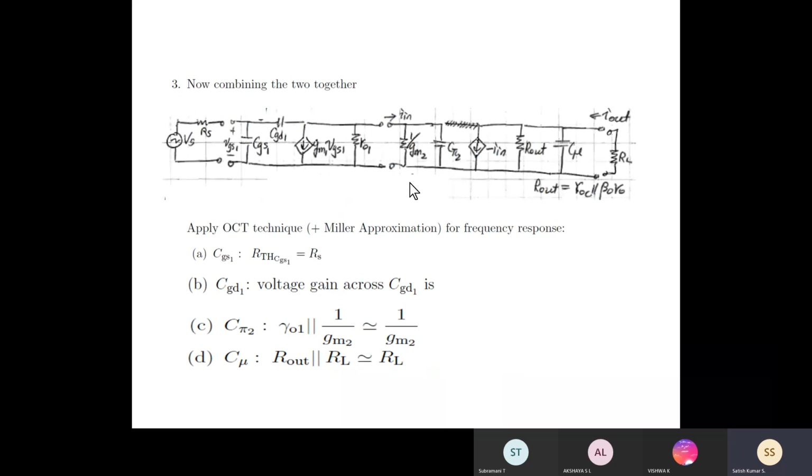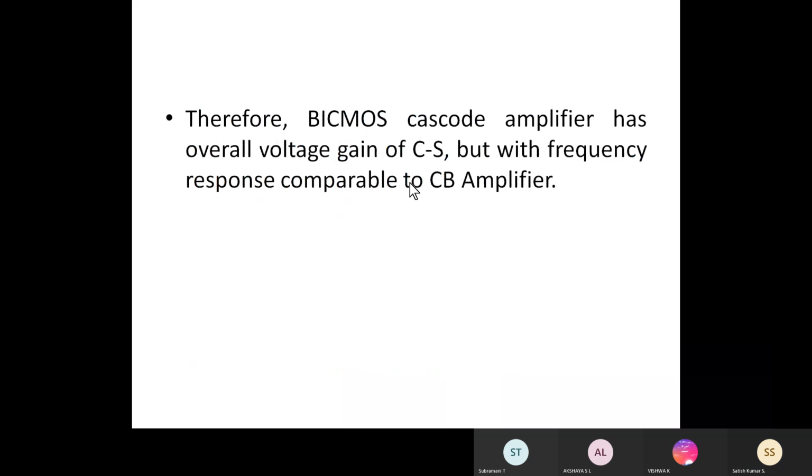They depend on your output impedance and the transconductance GM2 of your second stage. These are the things we observe from this combination of BJT and FET amplifier. The final conclusion is that with this BiCMOS amplifier combination, the overall gain is increased.